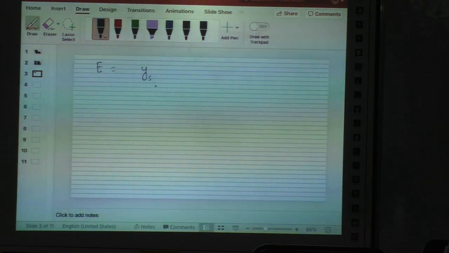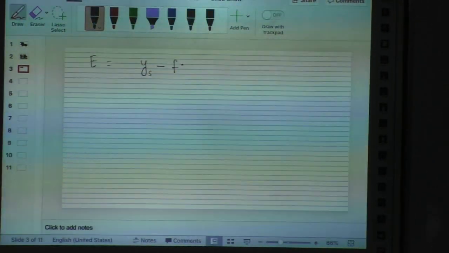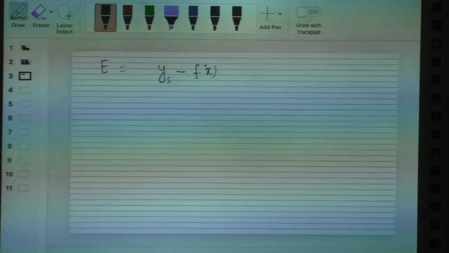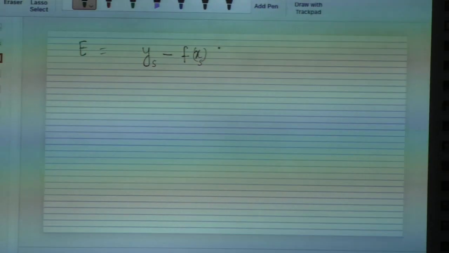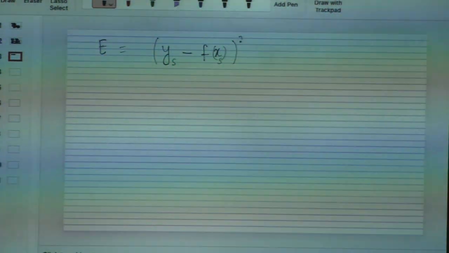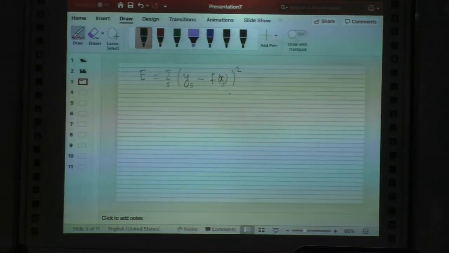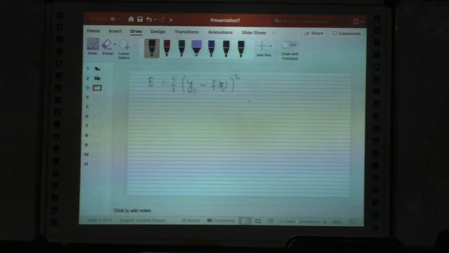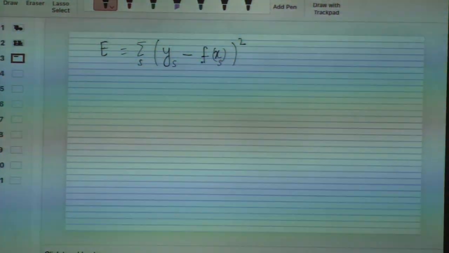So y_s minus my f of x, whole square. I want to minimize this for all the s. This is my error function which I want to optimize.